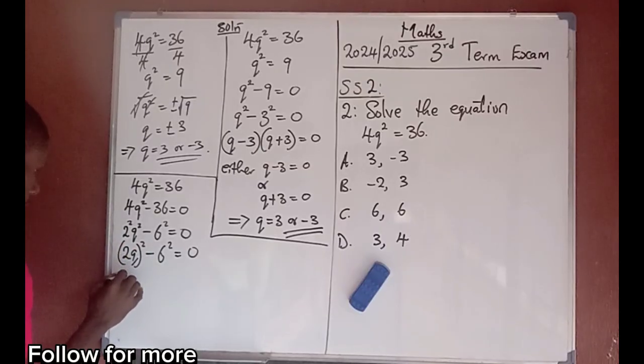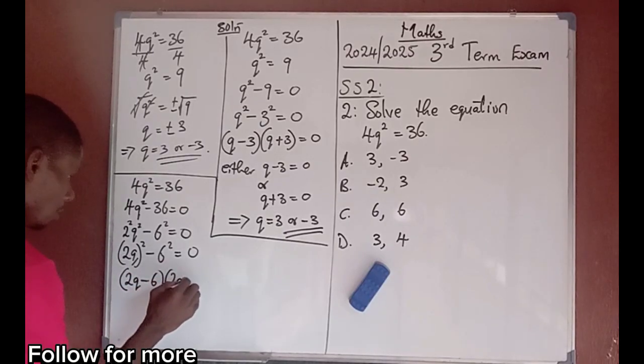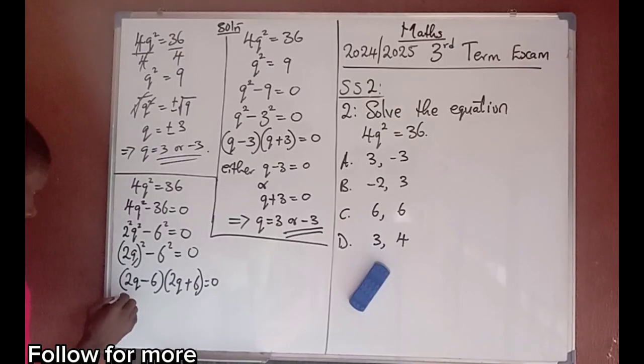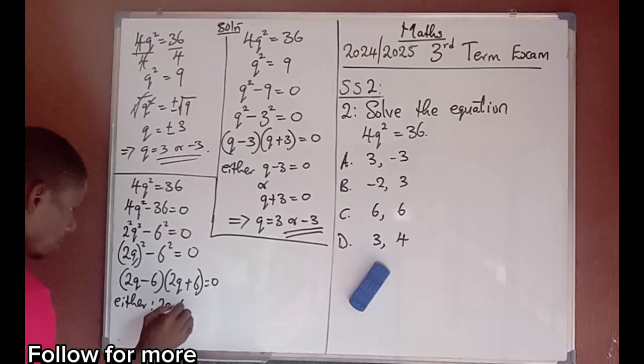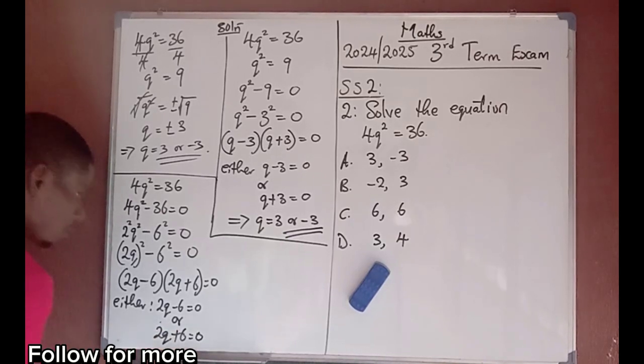That can be 2q minus 6 times 2q plus 6 equal to 0. This means that either the first one, 2q minus 6 is equal to 0, or the second one, 2q plus 6 is equal to 0.